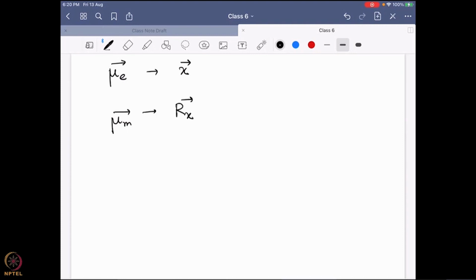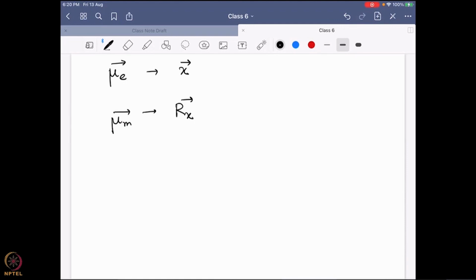So now, during a transition, when you say that it should be electrical and magnetic dipole moment active, what it is actually saying is that it has to be for the corresponding axes. You can have an x axis and Rx. Both of them have to be active. You cannot have x versus Ry or z versus Rx. That will not be possible because the electrical field and magnetic field are connected.